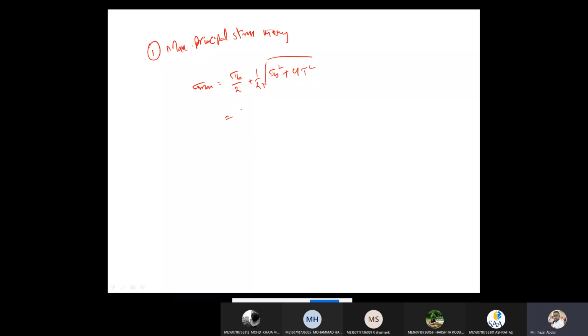So sigma b, how much we got? 96 by 2 plus 1 by 2 into square root of 96 square plus 4 into shear stress value, how much we got? 6 square. If we simplify this, the final answer will come 96.4 megapascal. That is the maximum stress.